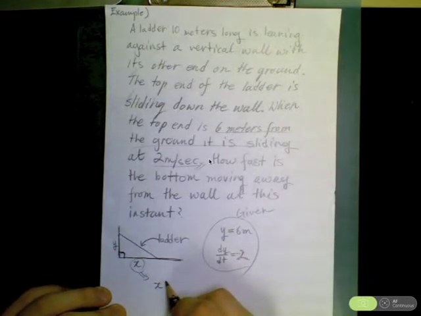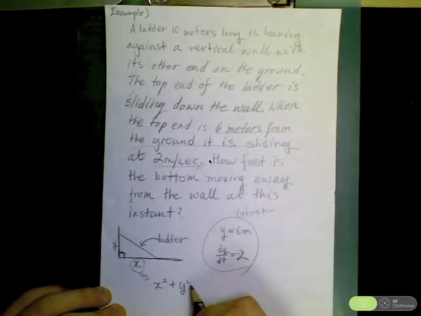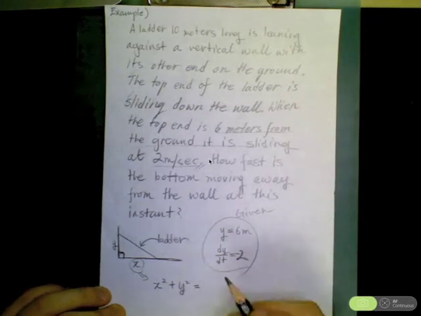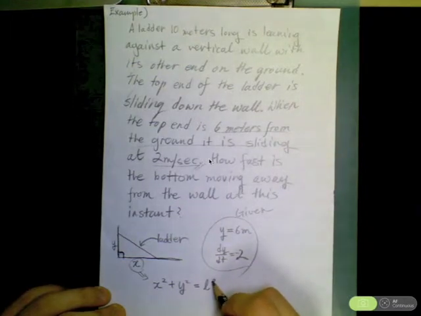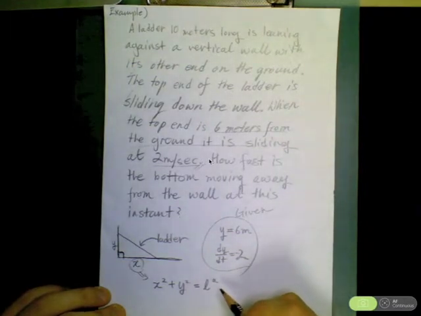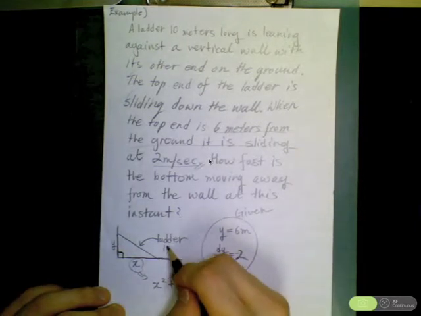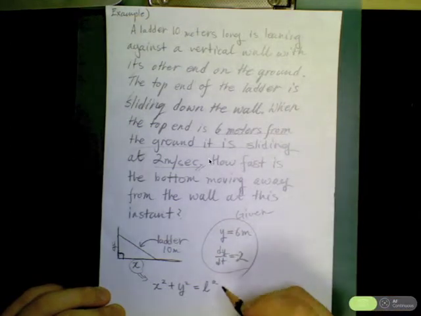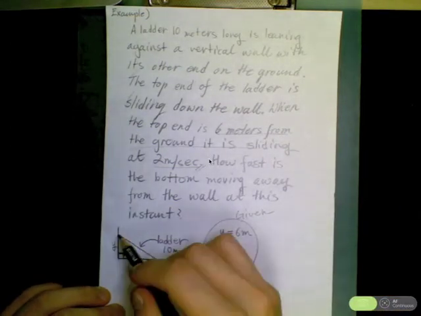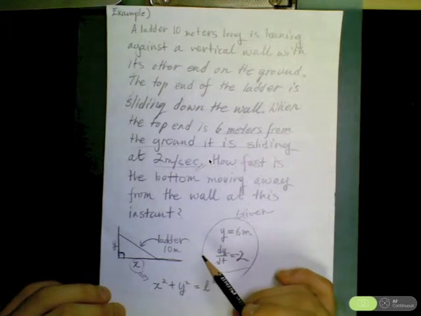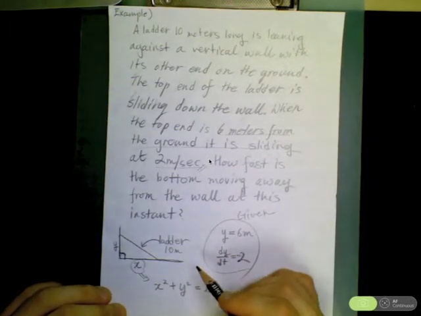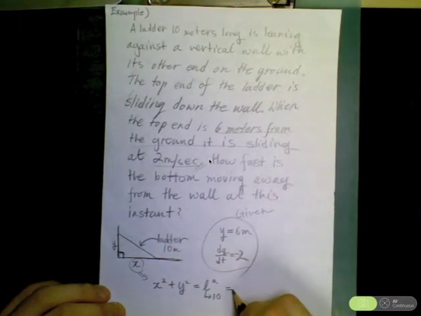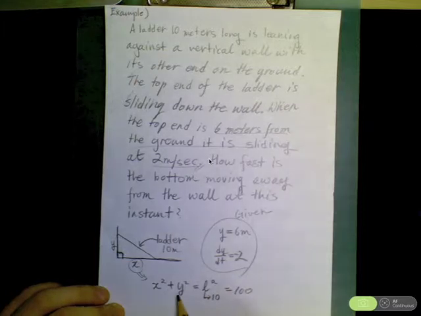So x squared plus y squared equals, let's say the ladder is L squared. The ladder was 10 meters long, as given in the problem. The length of the ladder is not going to change no matter what. It's just sliding down, and the length is never going to change. So we'll say this is 10, and obviously it will be 100. So x squared plus y squared equals 100.